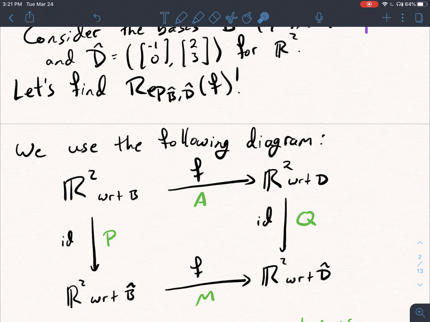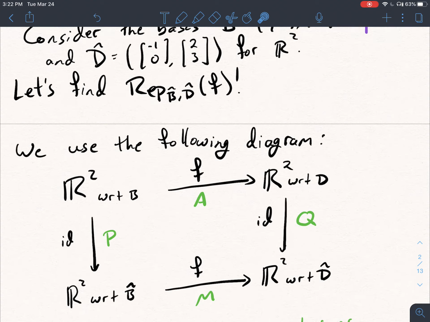So to do this, I'm going to explain what we were talking about a little bit at the start of this lecture. This is basically the picture that is going on here. This diagram I think is really useful for understanding what's going on. So up top, the first part of this, we have R2 mapping via F to R2.